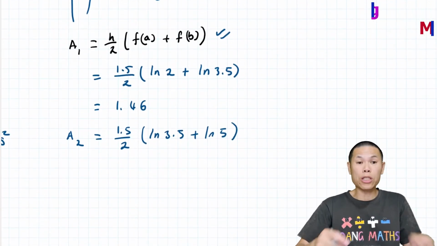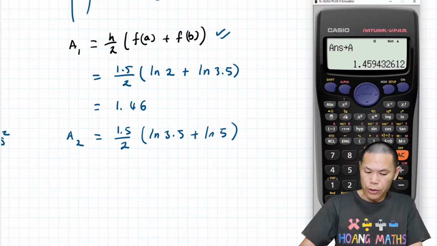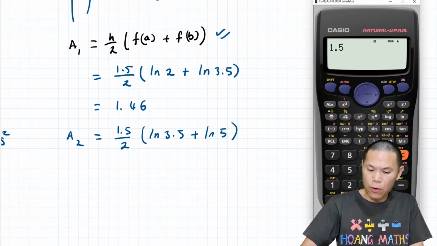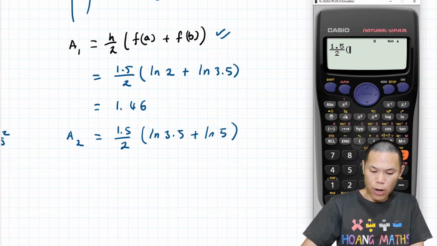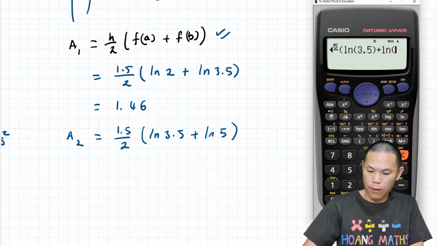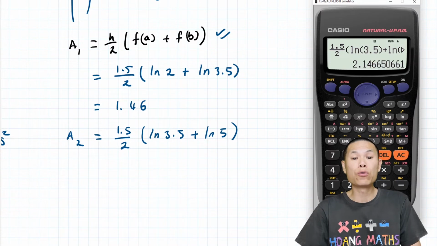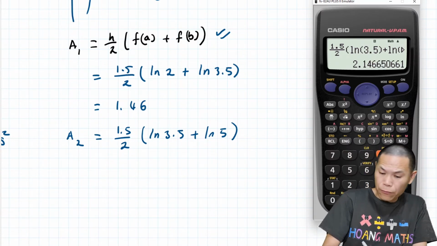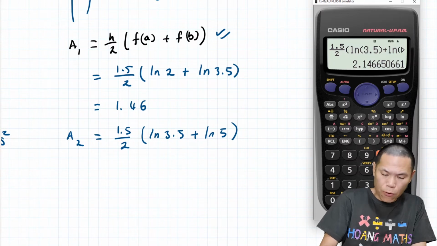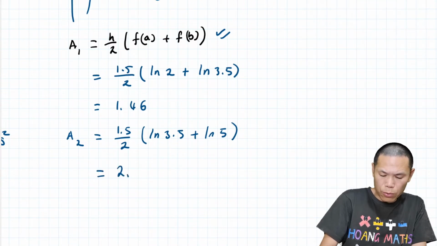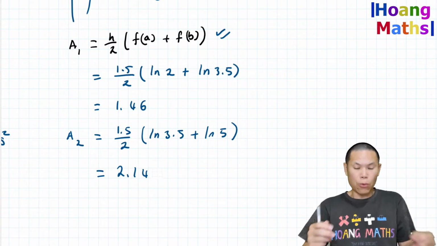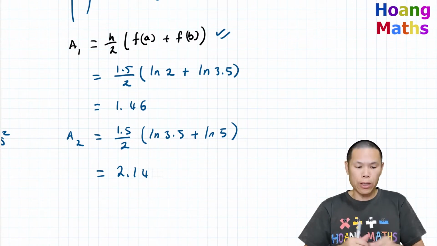So now what I do, I just put that on a calculator. So I just go 1.5 over 2, brackets, ln of 3.5 and we add ln of 5. Close bracket, close again. So there you go, 2.146 and so on. So it should give me 2.14. So what I do, I just add these two areas together.